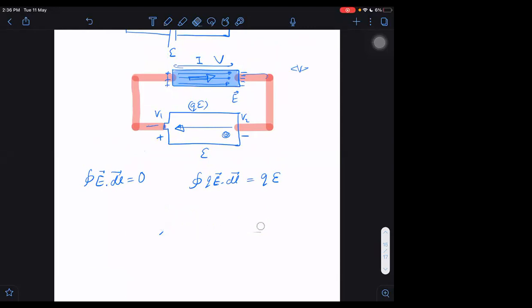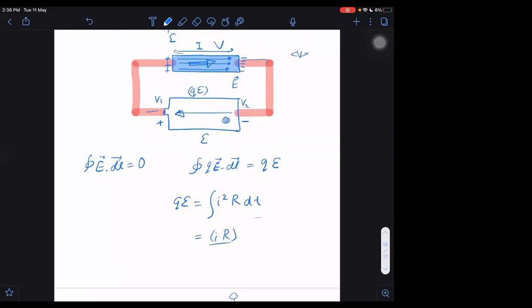So I can write this equation: Q into E is the work done by the battery, and the power consumed is I square R, integrated over dt. Now it finally becomes IR. I can be taken common, yes.